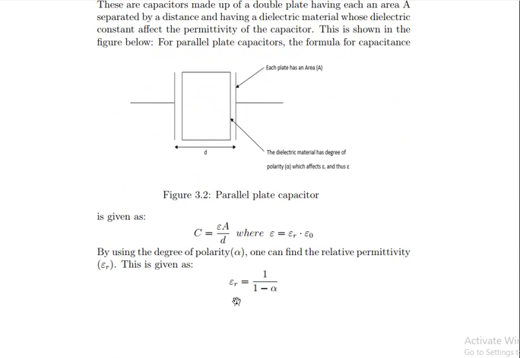And now the formula which links the relative permittivity to the degree of polarity of the dielectric material is: relative permittivity equals 1 over 1 minus the degree of polarity. This is the relative permittivity. And now the formula of capacitance is given by C equals epsilon A over d, where epsilon equals epsilon R times epsilon 0, and we visualized it initially in the chapter on electric field.